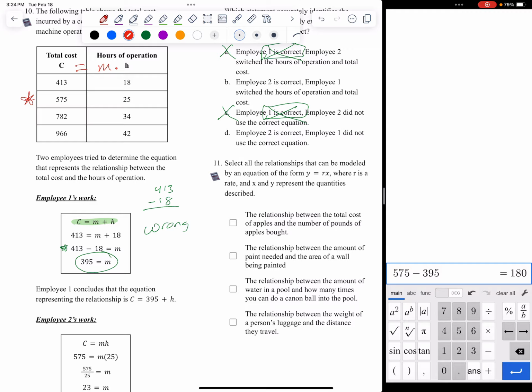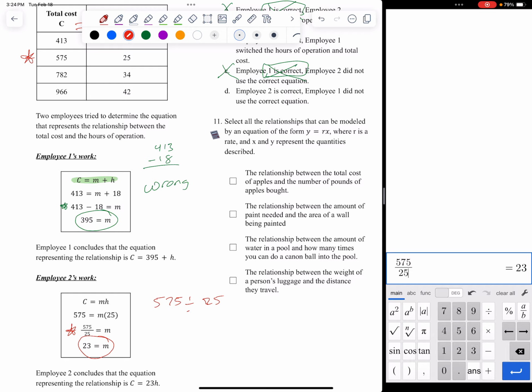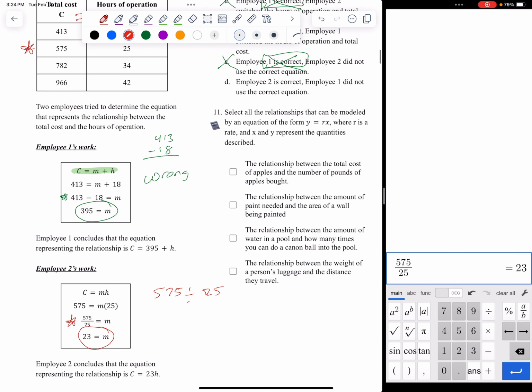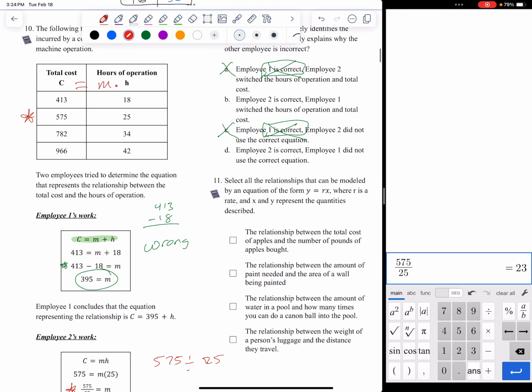Employee 2 said, I'm going to take the 575 and I'm going to divide that by 25. So let's calculator time. 575 divided by 25, and the answer was 23. So what does that mean? That means that for M, it was 23. So in other words, 23 times 25 gave me 575.